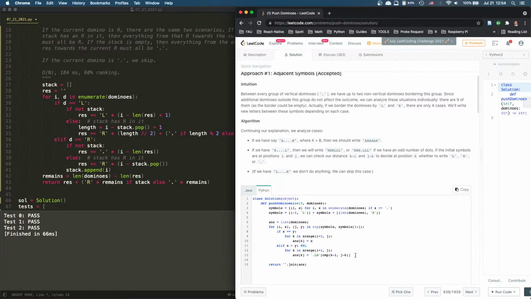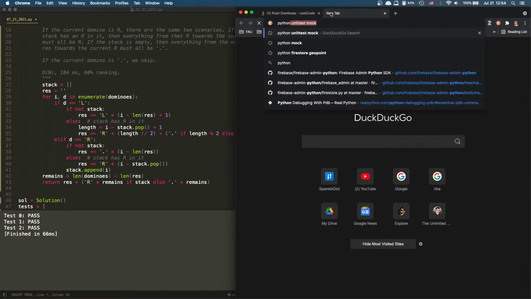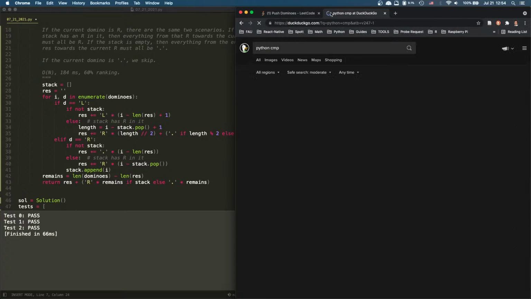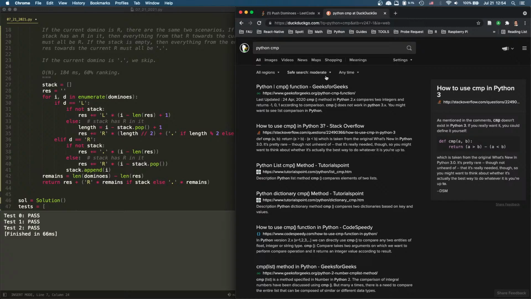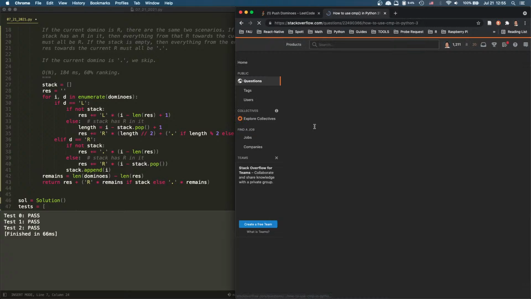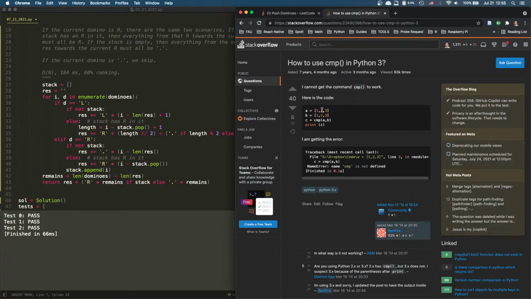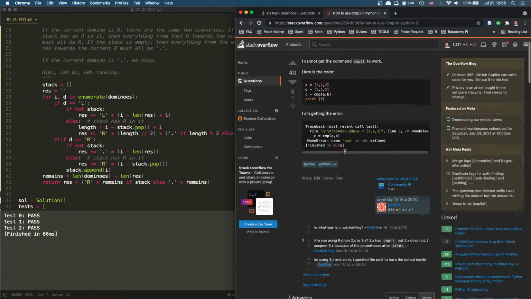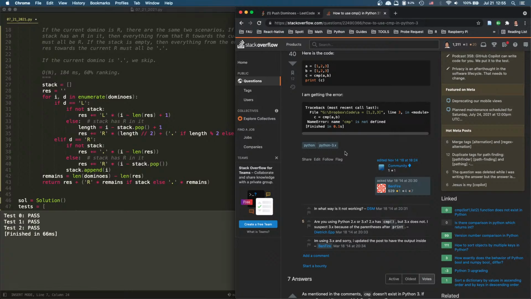What the hell is CMP? What's CMP? CMP. Compare? How to use... Oh, Python 3 doesn't have CMP.